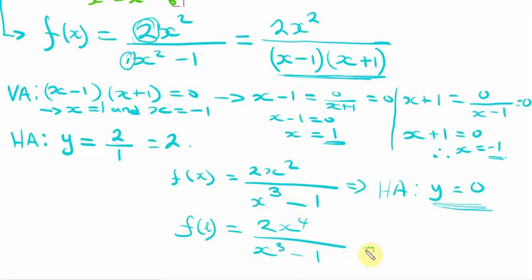Well, in this case, we will not have a horizontal asymptote. Instead, we'll have an oblique or slanted asymptote. Okay. Alright, cool. Hope that is clear.